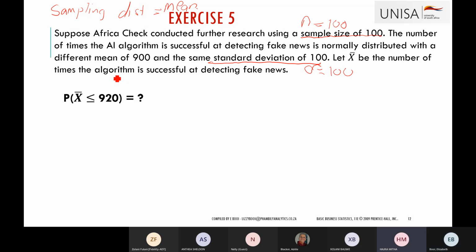And we are also given the mean. The mean is 900. You are given the mean, which is mu, which is 900. So you've identified that. What is the question asking you to do?